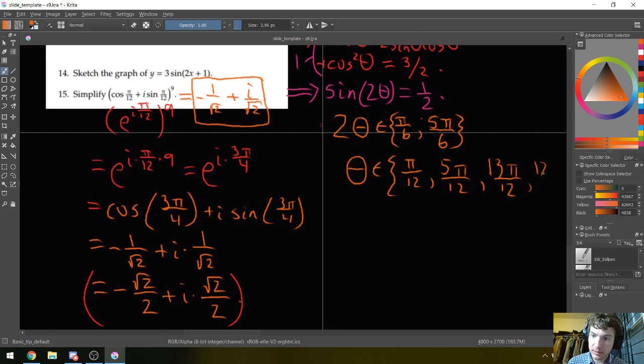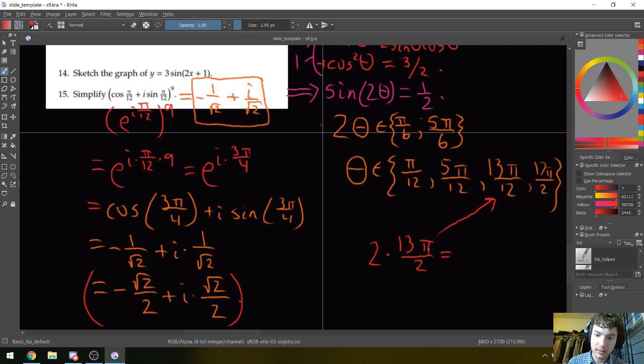So let me explain those a little bit further. Let's check what happens if we take one of these, for instance, 13 pi over 12. What happens if we take twice that theta? So 2 times 13 pi over 12.